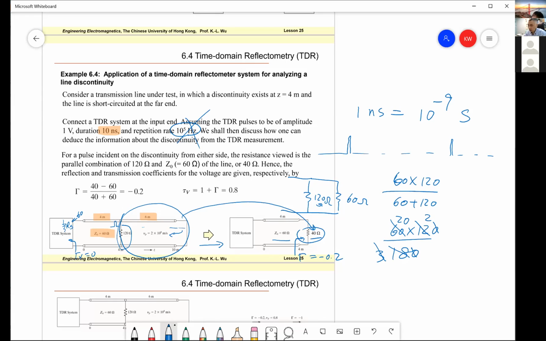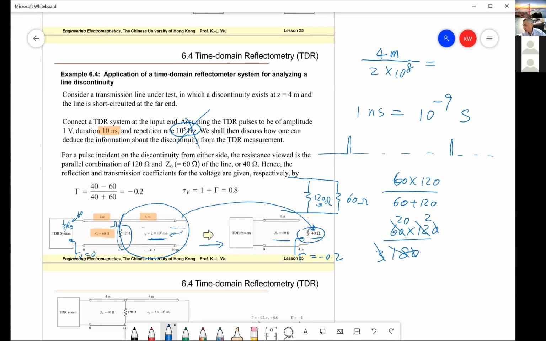As long as I can find the time of return, how long it takes, right? For 4 meters go and coming back, with this speed, we can measure how long it takes: 4 meters divided by this velocity, times 2.